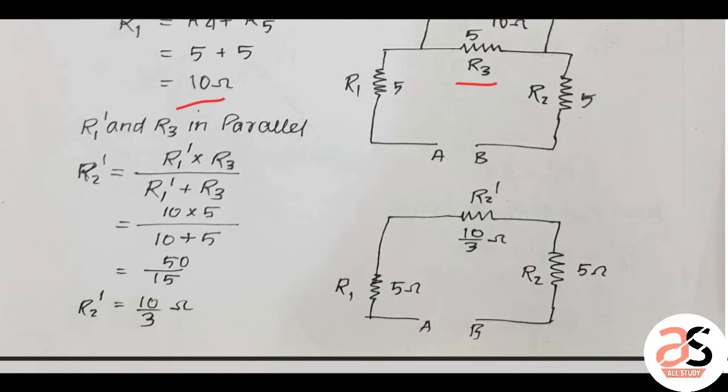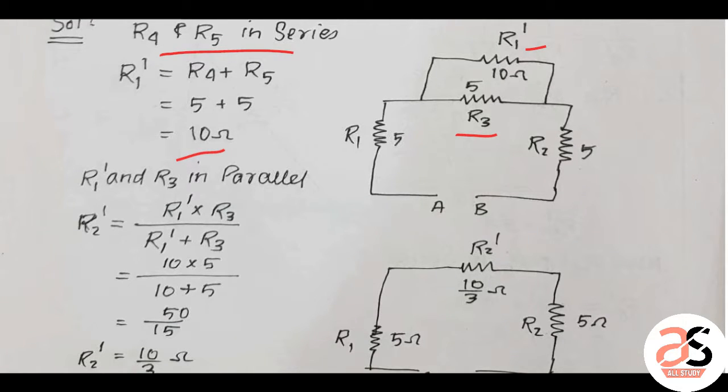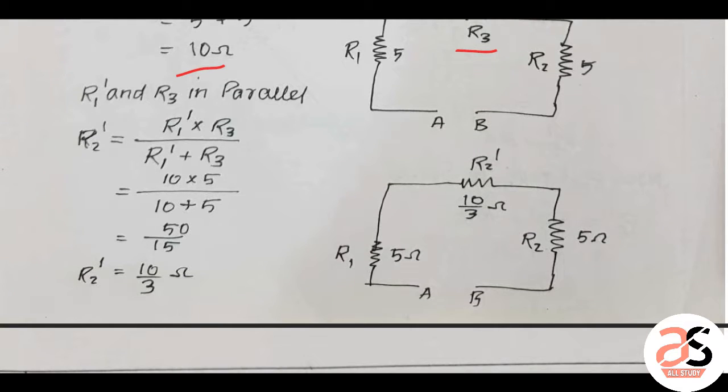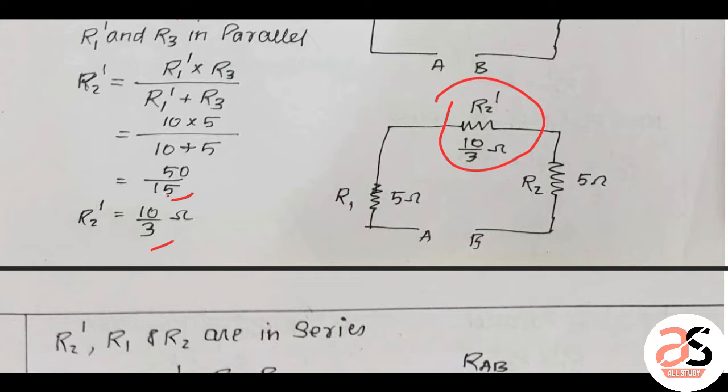So step by step we have to write the answer and change the figure also. Like R1 is replaced here. Now R1 dash and R3 dash are in parallel. So replace this part with R2 dash. R2 dash is 10 by 3.